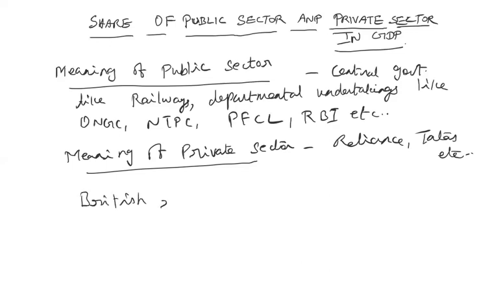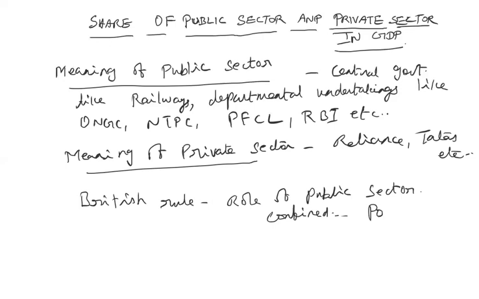During the British rule, the role of the public sector was confined only to certain areas like power, irrigation, railways, etc. So that means during the British rule, only the private sector had a major role in the country.